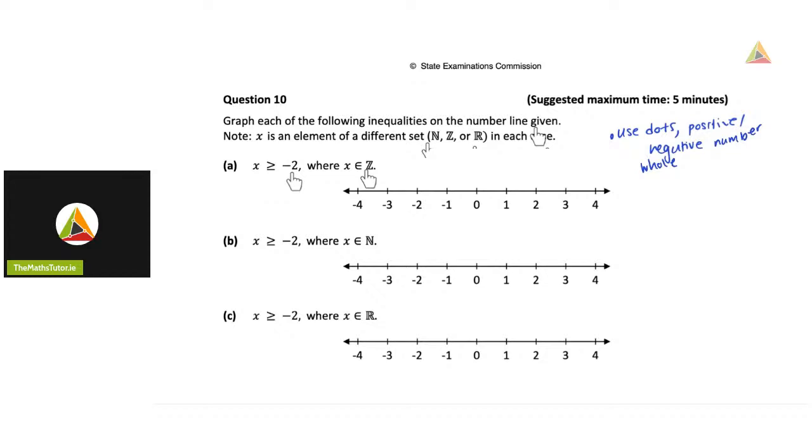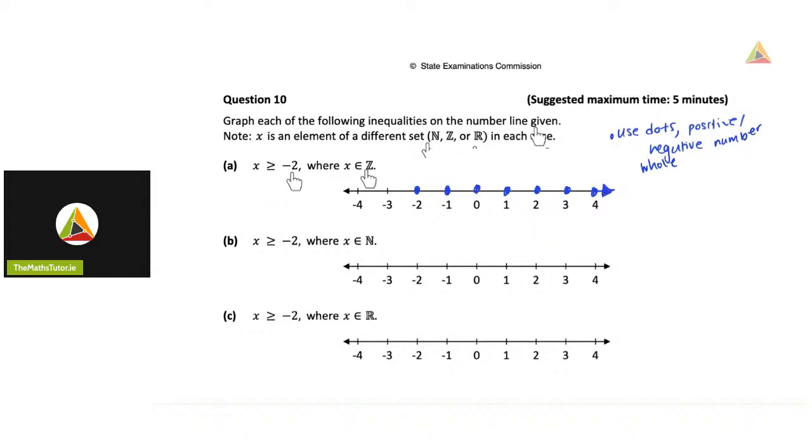So when we're putting it on the number line, x is greater than or equal to minus 2. So we're going to be including minus 2 here because it's an integer. We're going to colour in all the dots to the right of minus 2 because it's greater than minus 2. And we're also going to colour in the arrow here because we intend the numbers to continue on.